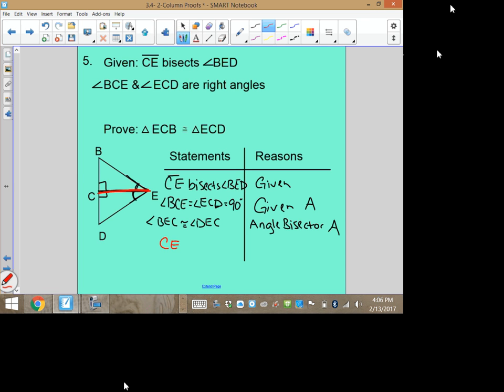So CE is congruent to CE. Being congruent to itself is by reflexive property. And so therefore, I have an angle, a side, and then an angle. And note how the side is between the two angles. So that does work. So I know that triangle ECB is congruent to triangle ECD by angle, side, angle.